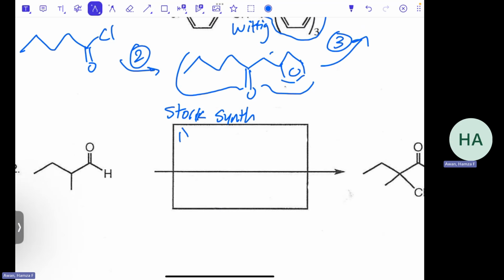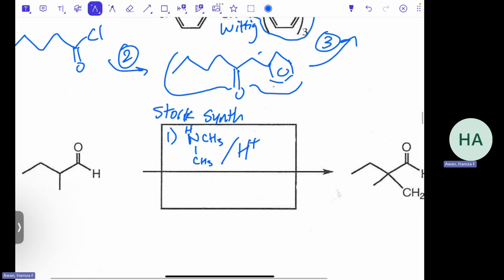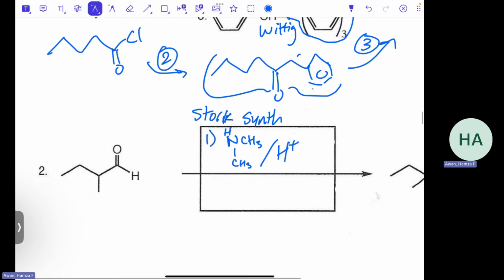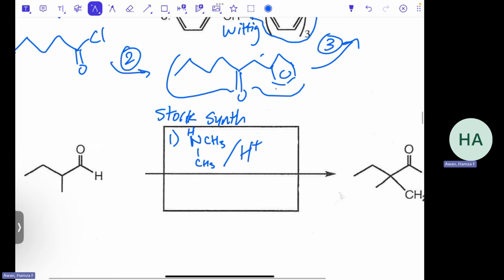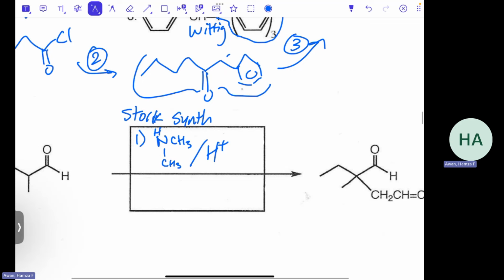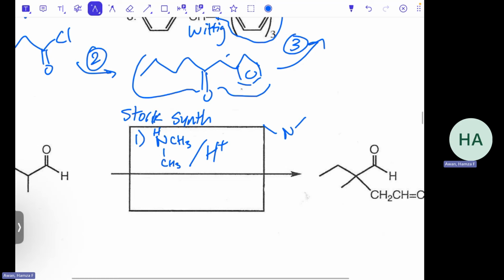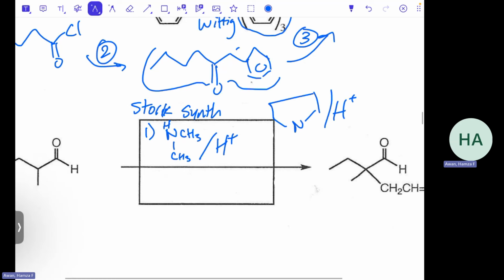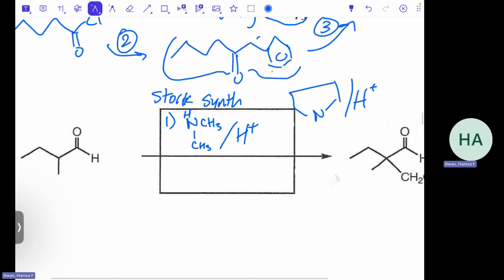Our first step is a secondary amine: NH CH3 CH3 / H plus. We always need the H plus, but we can use any secondary amine. In this, I'm just using NH CH3 CH3. You can also use, I think in the lecture notes, she used the ring one like this / H plus, if you remember that. But you can use either. It just has to be a secondary amine.